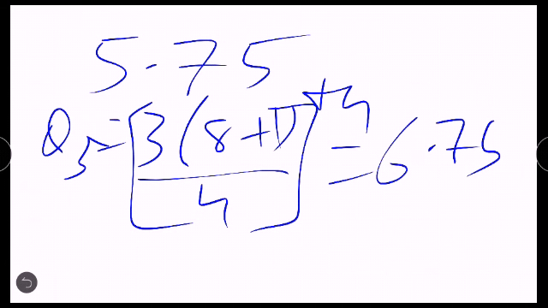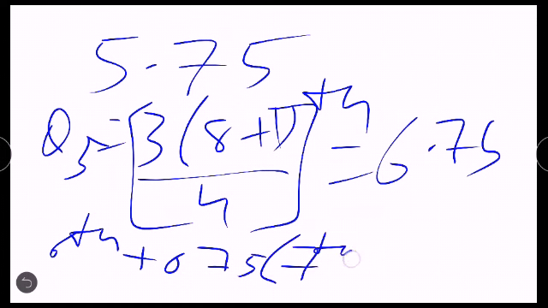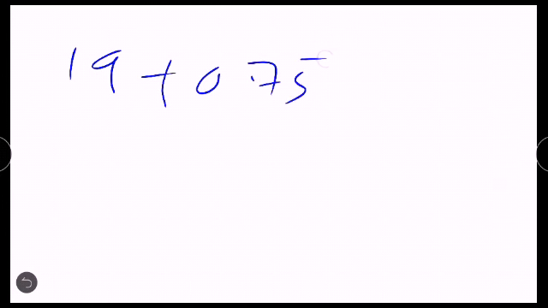So where does it lie exactly? To get that we write the formula, that is 6th observation plus 0.75 into bracket 7th observation minus 6th observation. So here the 6th observation is 19 plus 0.75 into bracket 25 minus 19.